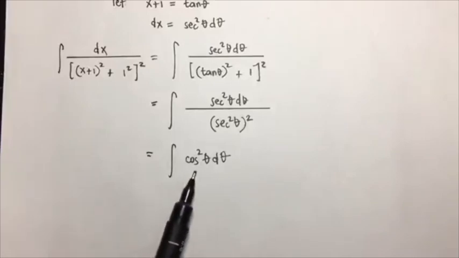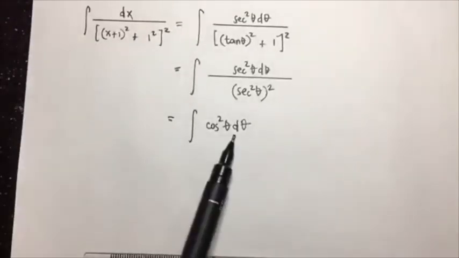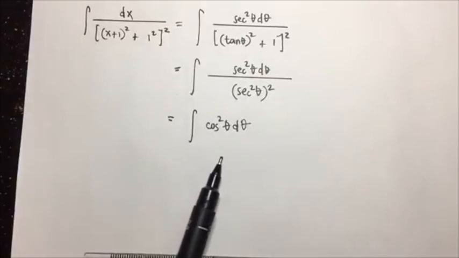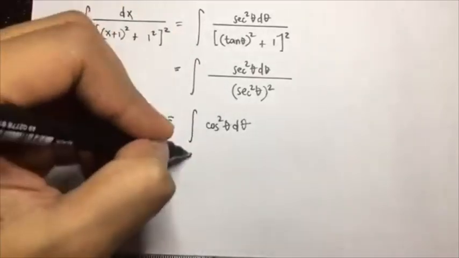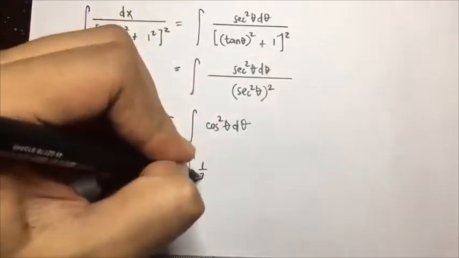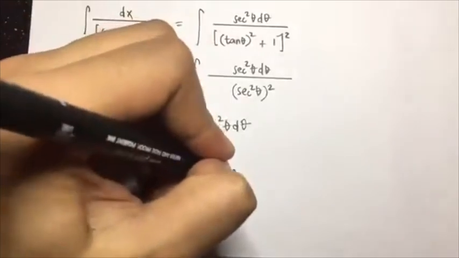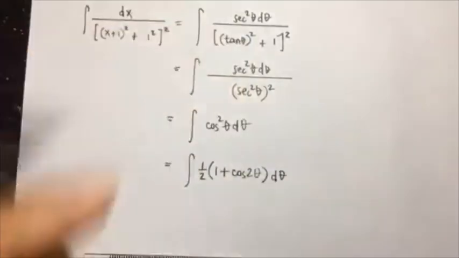This one is case 4 of the trigonometric transformation. So for cosine squared theta, we will substitute 1/2 multiplied by 1 plus cosine 2 theta d theta.